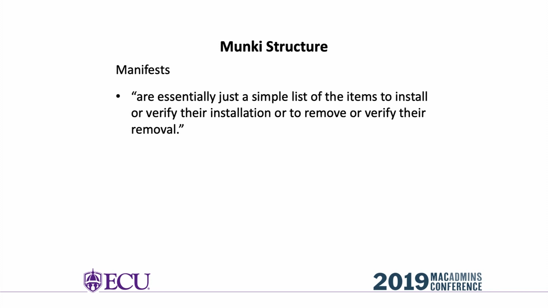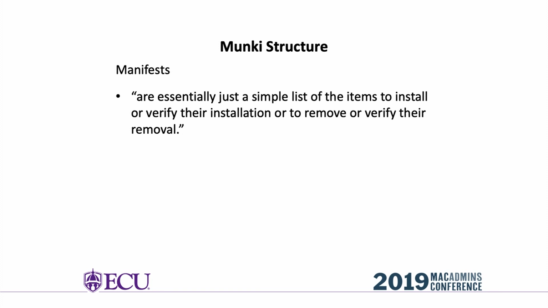Now, talking more about the Munki structure, manifests, catalogs, packages, and package info files are all essentially text-based files, and they're all in the plist format. So I'll start off with manifests, which, this is the definition off of GitHub, and I reworded it just a little bit.